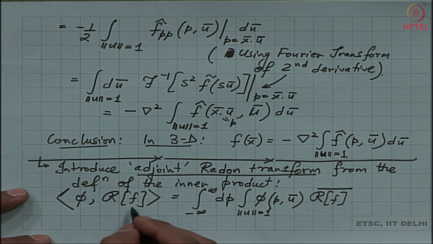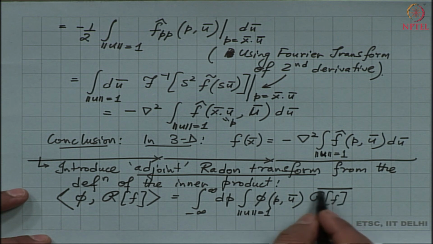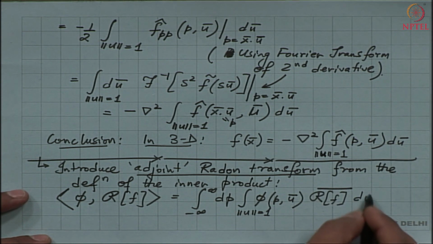So, I define my inner product with the conjugate multiplication of this function phi with the conjugate of this function times du. Okay.